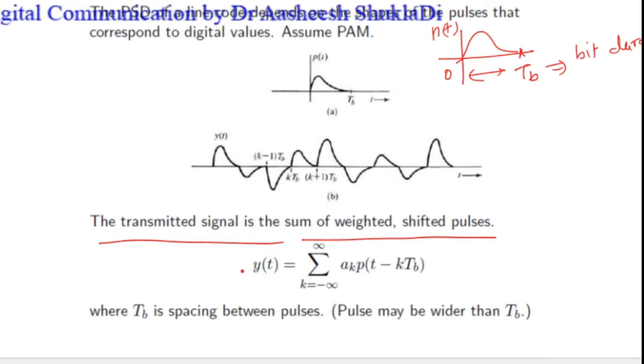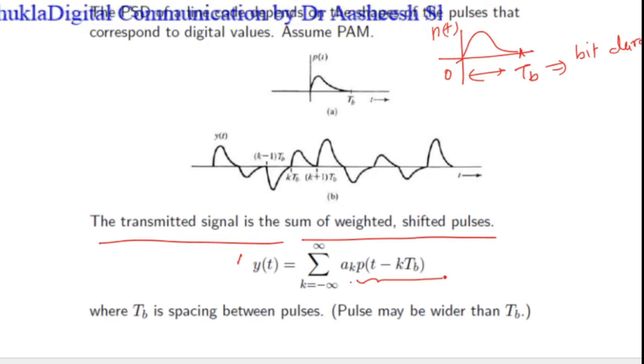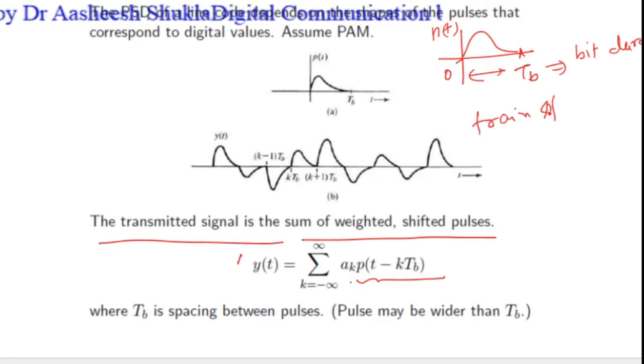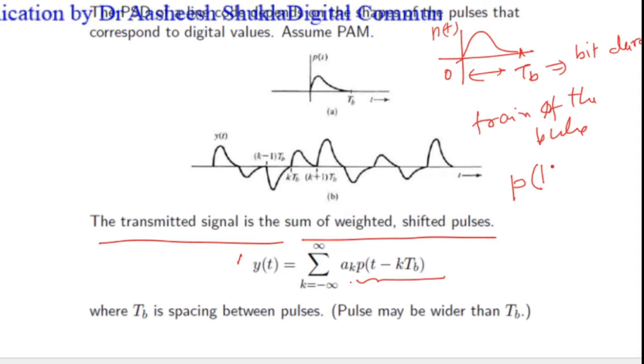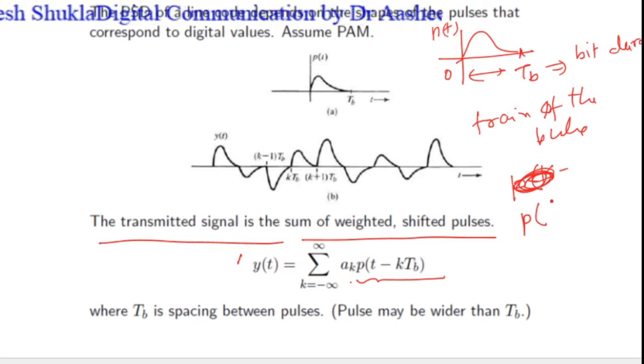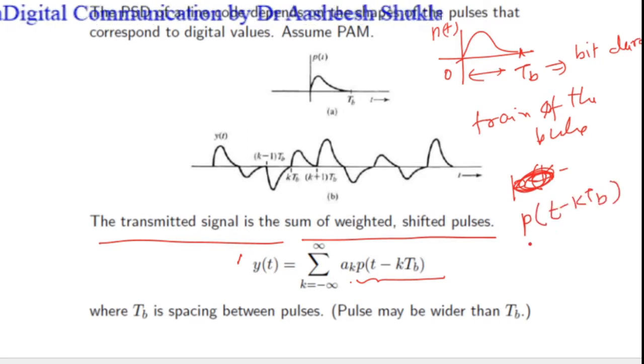So the transmitted signal y(t) can be represented as the summation over k from minus infinity to infinity of a_k p(t minus k Tb). The train of the pulse means the shifted versions of the pulse, which can be represented as p(t minus k times Tb).